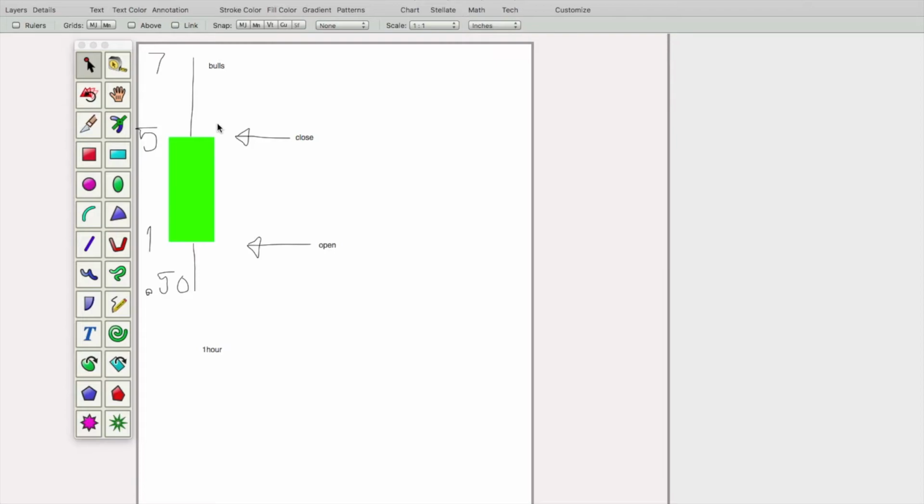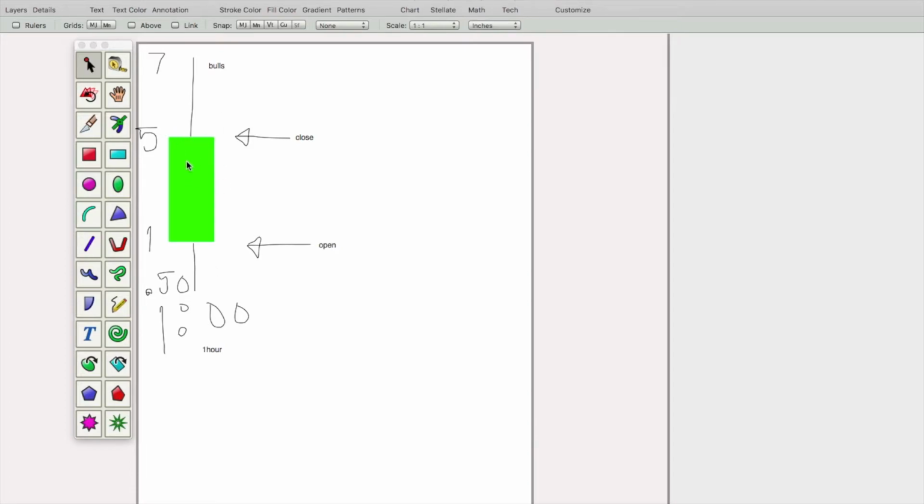Let's go on to the next candle. What happens after this hour is up? Let's say this is a 1 o'clock candle. Right here is a 1 o'clock candle. Bear with me, it's kind of hard to draw on this touchpad I got going on over here.